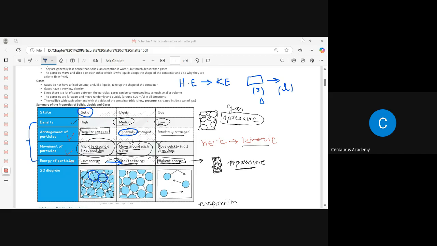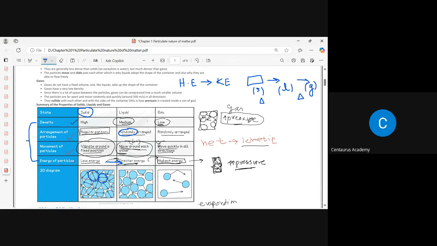Now, when this substance is a liquid, it will again gain heat energy. Supposing I'm not completely stopping the flame, what is going to happen to this liquid particle? It is going to gain further heat energy.